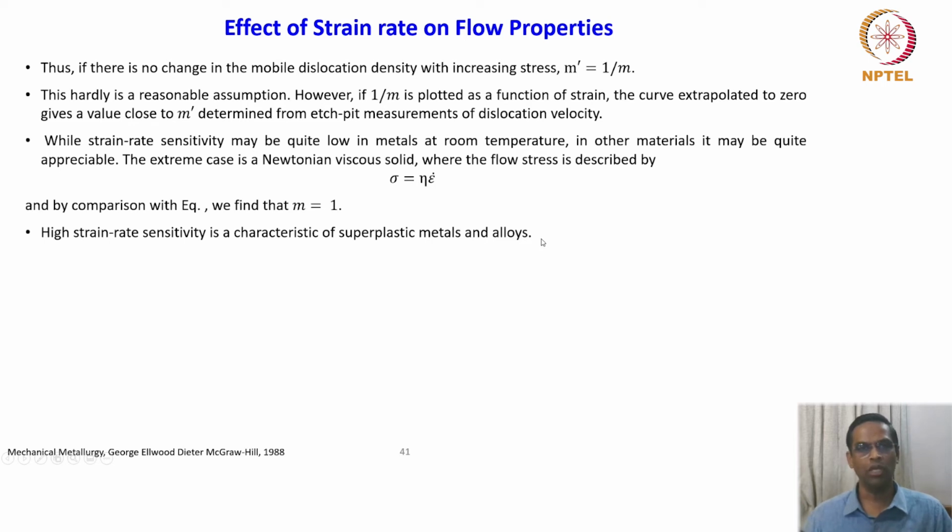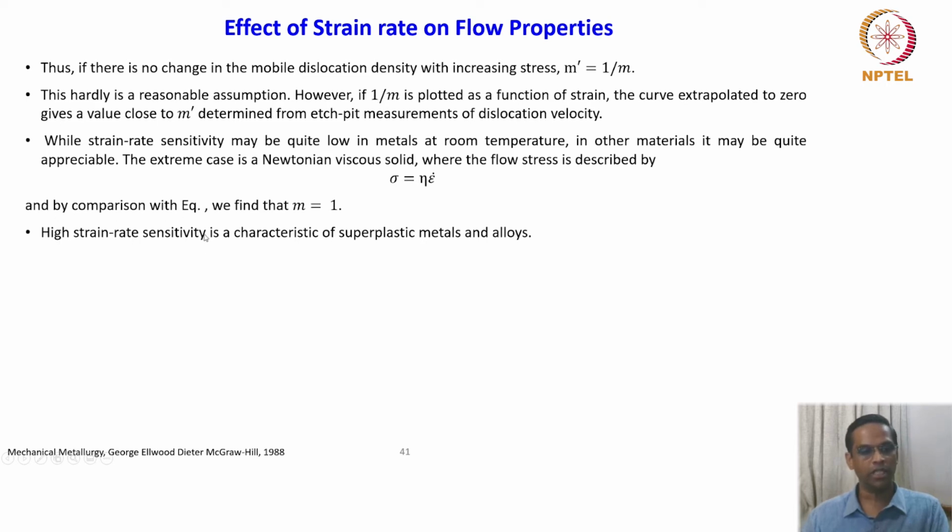So we are slowly taking this idea of strain rate sensitivity at moderate temperature to very high temperatures, and now we are trying to explain a new phenomenon called superplastic behavior.